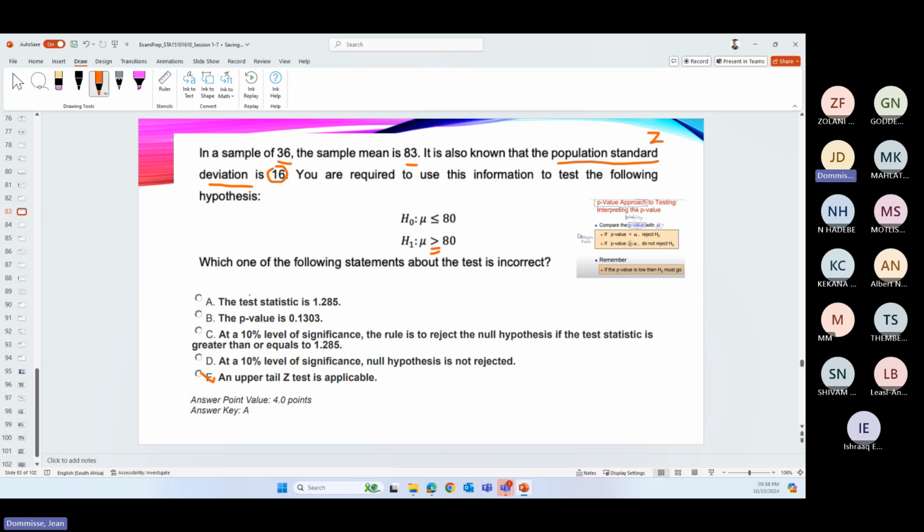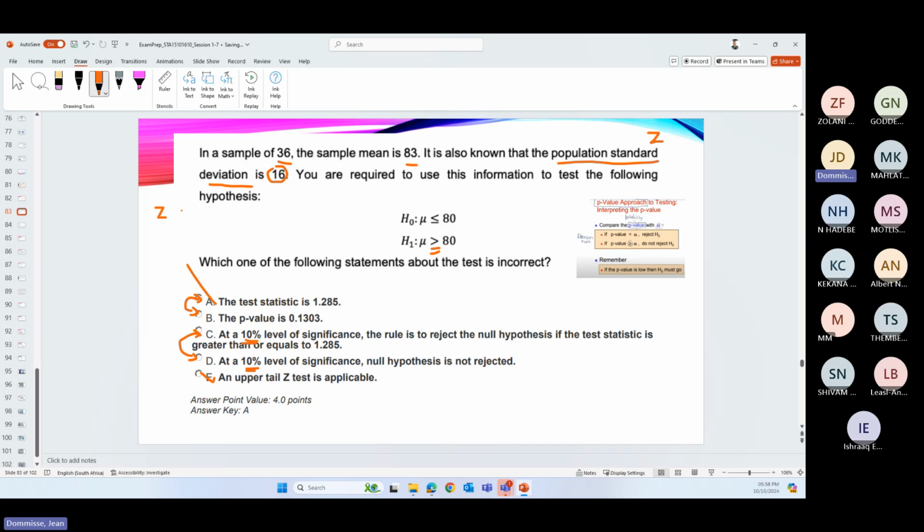I would have looked at it and said okay, we will need to work with a Z. Those two are linked, and then we look at the level of significance, and those two are linked as well. So let's work out the Z test, because we basically need to know what the Z value is in any case.